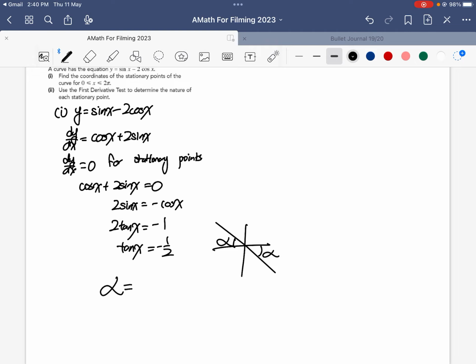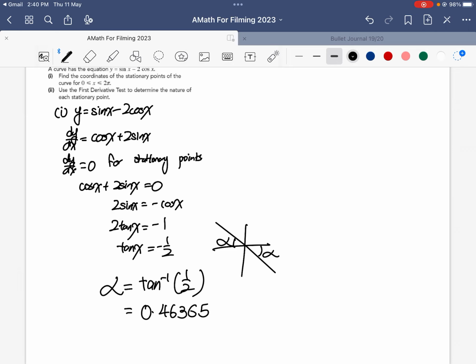Now to find alpha, my reference angle, I take inverse tangent of half. Please be careful, these values should be in radians, and I find that my alpha value is 0.46365.